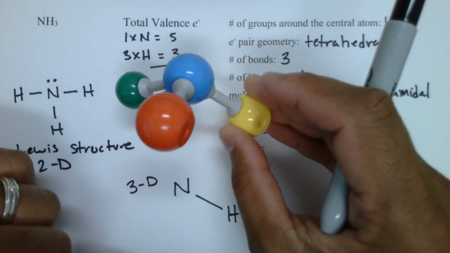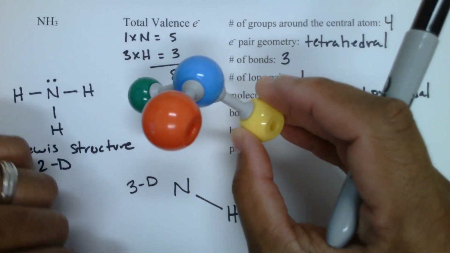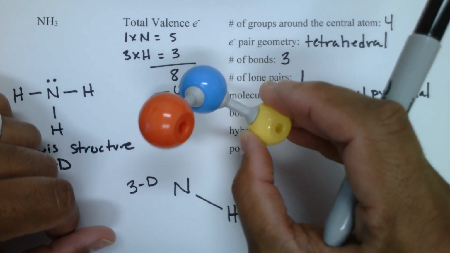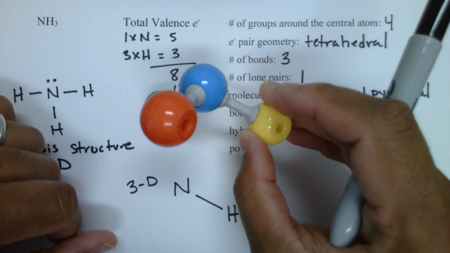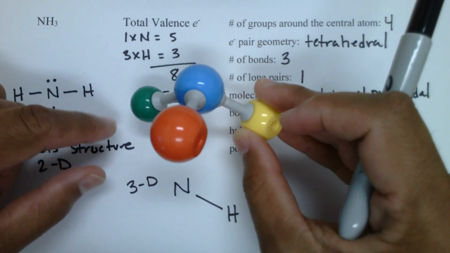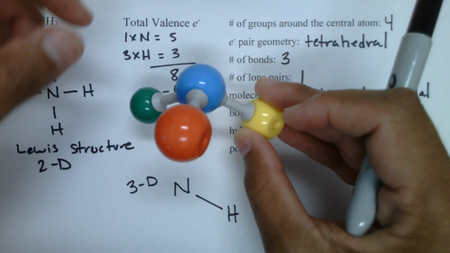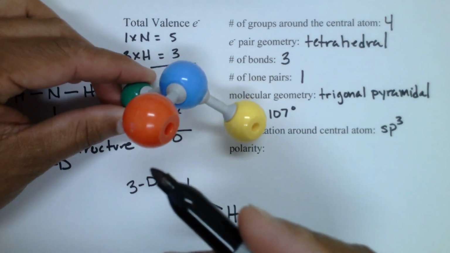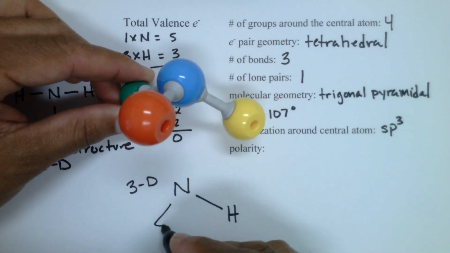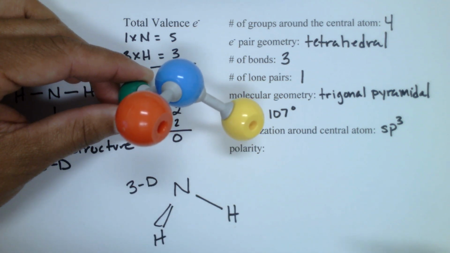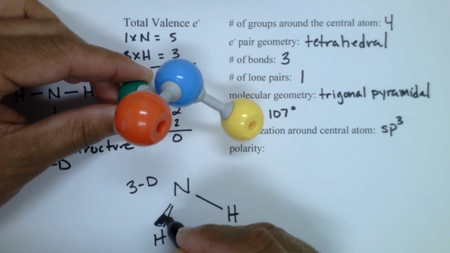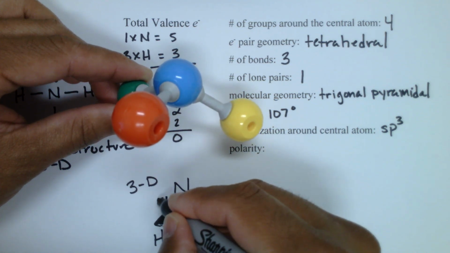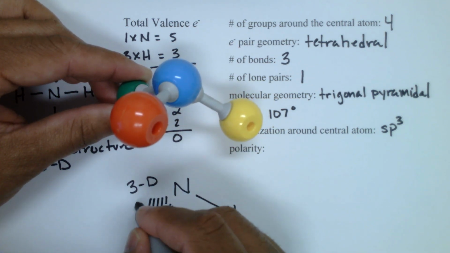There's a green atom pointing away from you. If I hold it this way, that green atom is hiding behind that red atom. So I'll tilt it just a little bit so we can see what's behind that red atom. And so for the atom that's pointing towards you, this red atom, we'll draw a wedge. And for the atom that's pointing away from you, that green atom, we'll draw that in dashes.